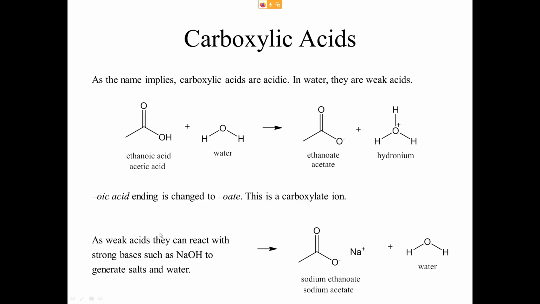If you react these carboxylic acids with a strong base, like sodium hydroxide, and you remember this from last semester, if you react an acid and a base, you always get the same 2 products. What are they? Acid plus base always gives you what 2 products? Water. Water and a salt. A salt, exactly.